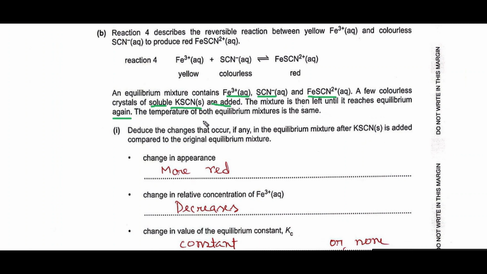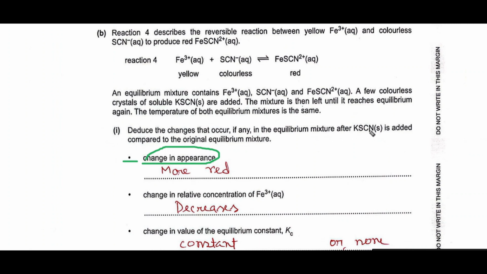The temperature of both equilibrium mixtures is the same. Number 1. Deduce the changes that occur, if any, in the equilibrium mixture after potassium thiocyanate is added compared to the original equilibrium mixture. First, change in appearance.